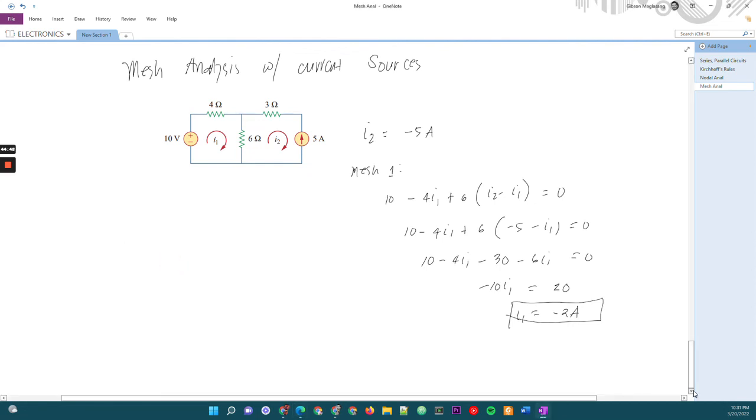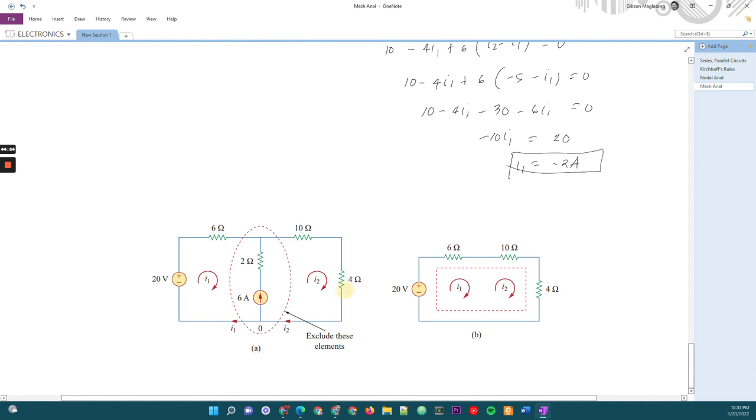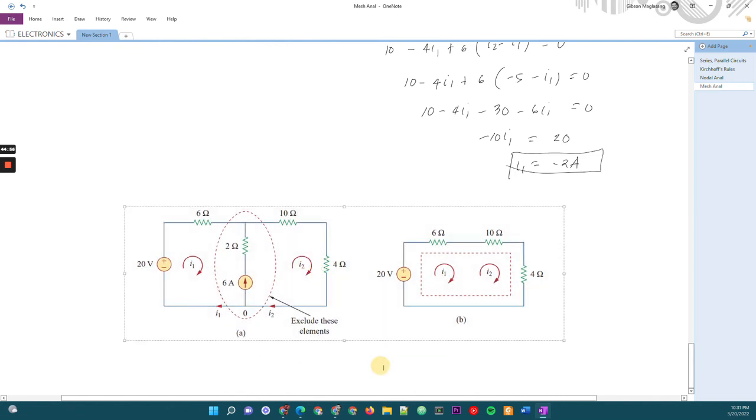Let's take a look at this circuit to illustrate this point. Okay, so take note, nasa tunga ang imuhang mesh, ay imuhang current source. So in that case, i-exclude din mo siya nga element to get this new circuit. Okay? Sa nodal analysis, we have super node, di ba?